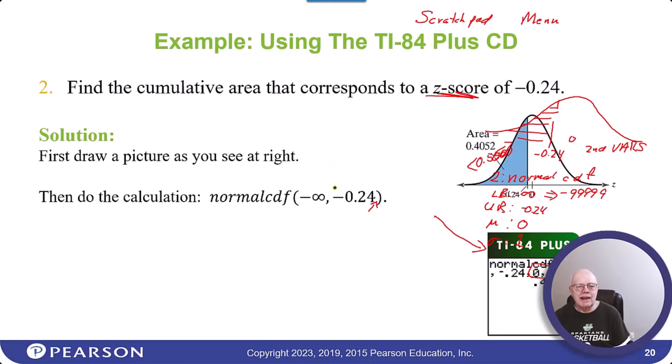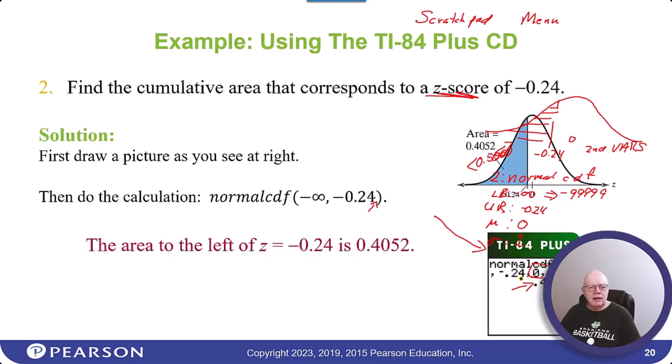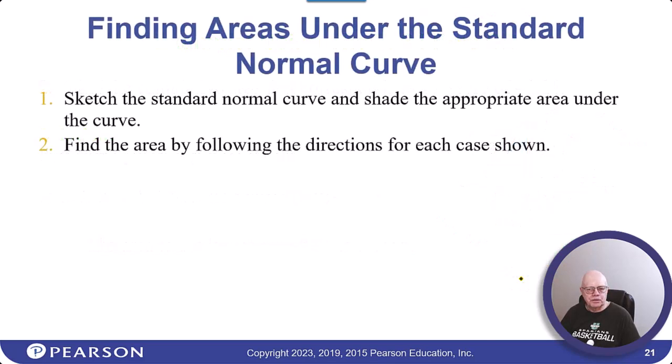Notice that the area is a little bit less than 0.5, so I know I'm in the good region. So if anyone made a mistake, maybe it was the calculator. If it does though, get a new one or borrow one. And there's my area.